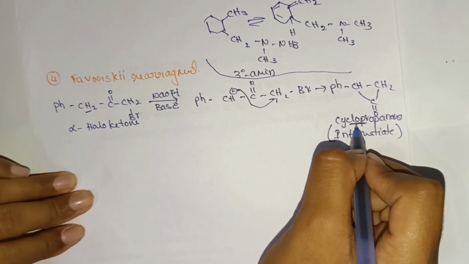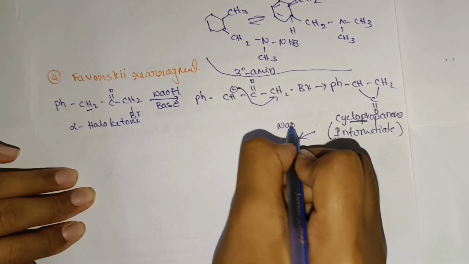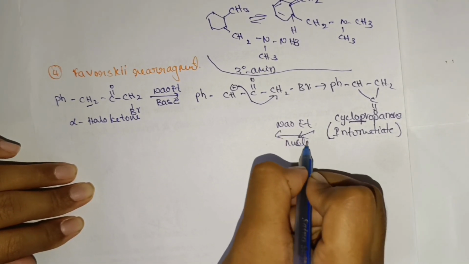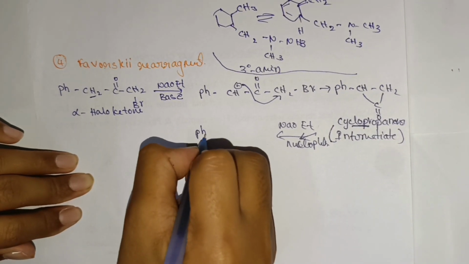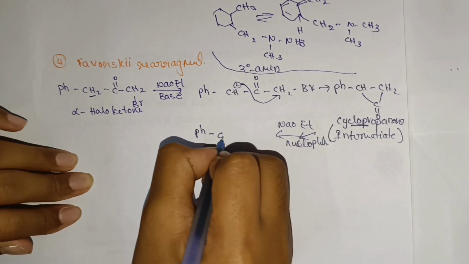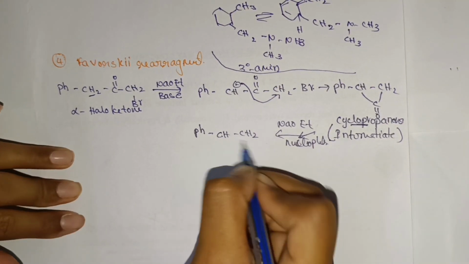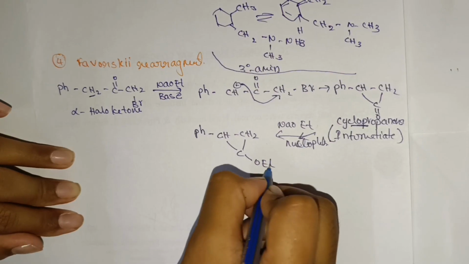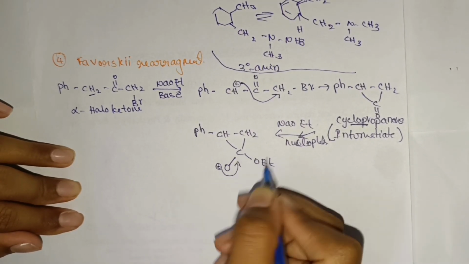What is the intermediate for Favorskii rearrangement? Cyclopropanone. It reacts with NaOEt. This is the nucleophile. It forms like this: phenyl, CH2, here carbon, here OEt.